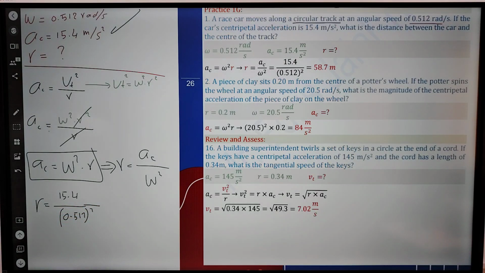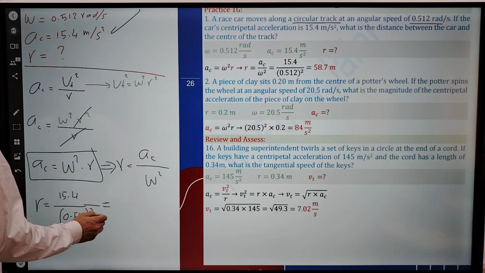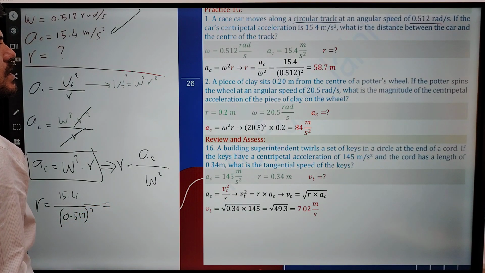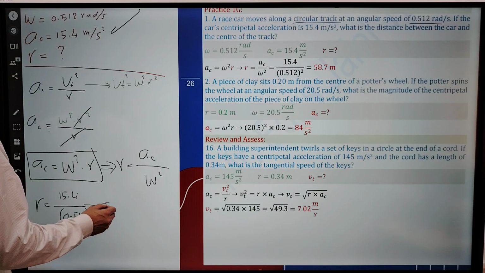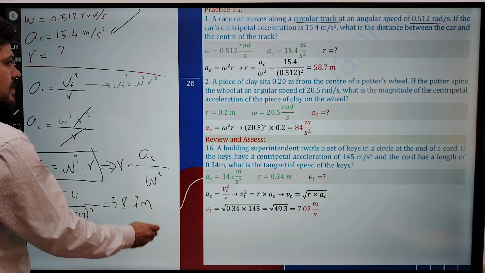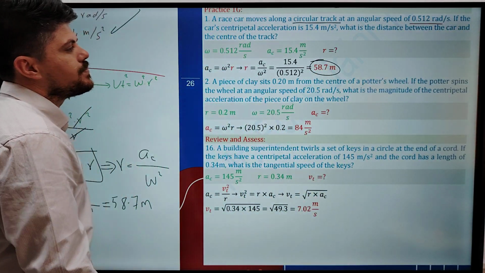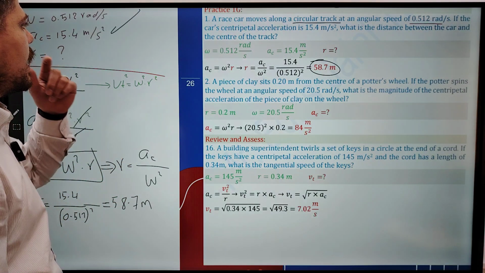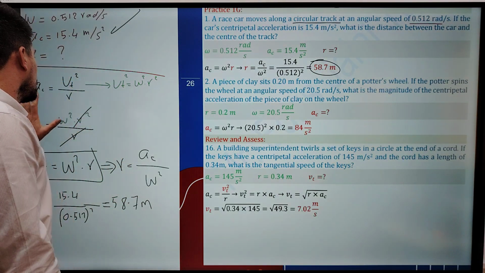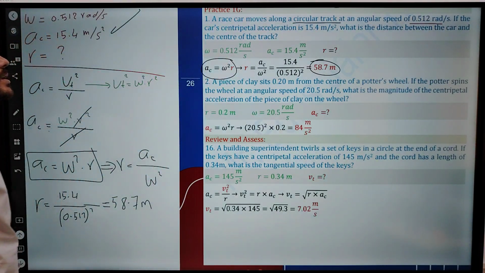Don't forget this square, please. This is equal to what? The distance from the car to the axis of this track is equal to 58.7 meter. Okay? If you are short on time, you can directly use AC is equal to omega squared R.